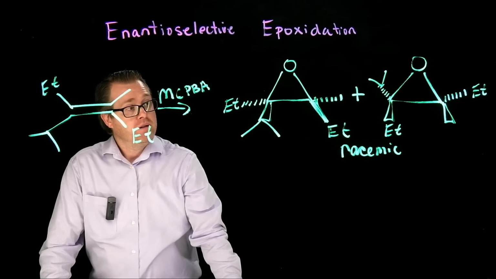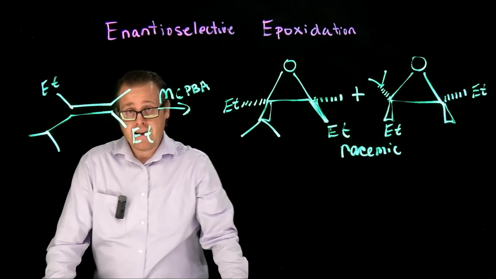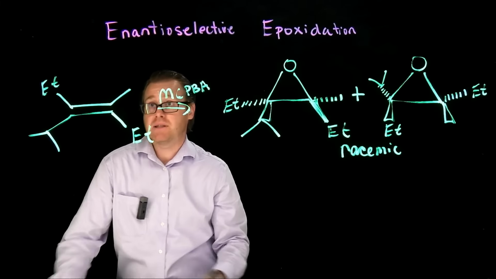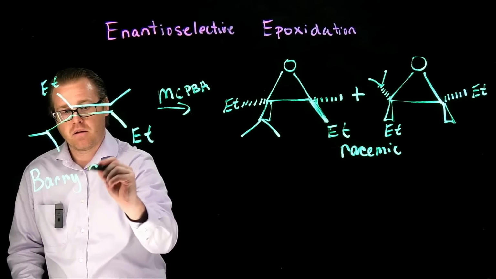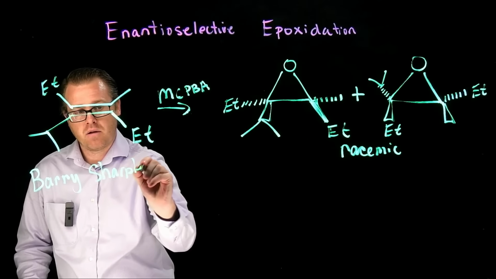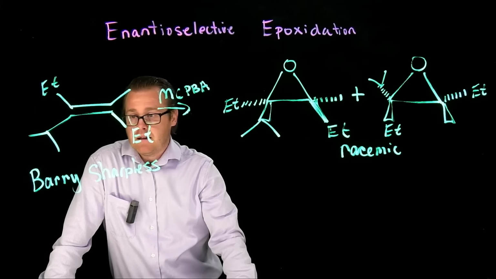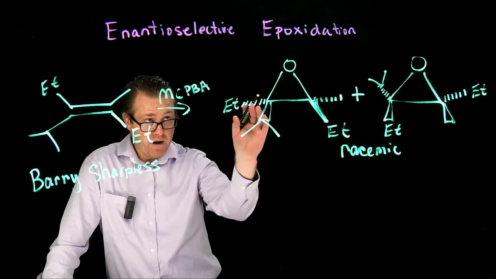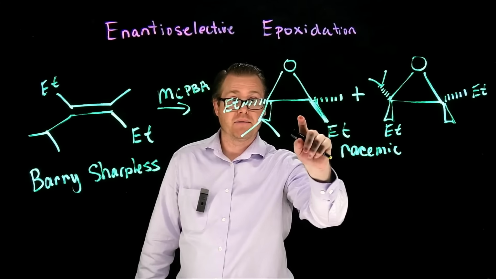And the organic chemist who discovered this was Barry Sharpless. And he discovered how to form an epoxide, but favoring only one of these.